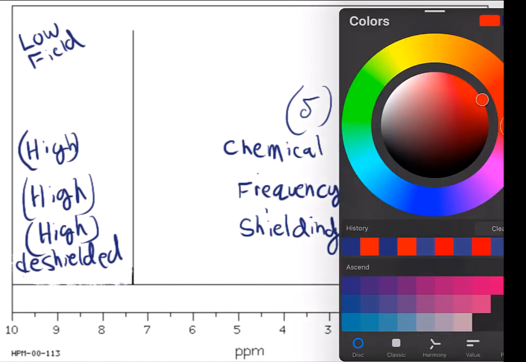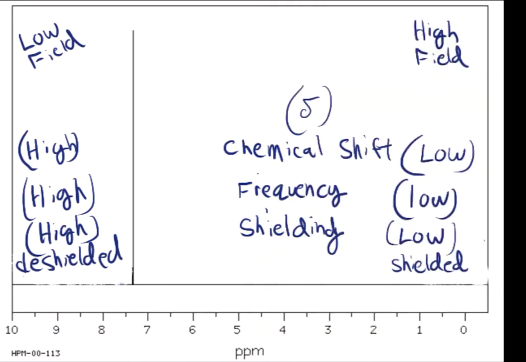That old instrument that I described that you plugged into the wall and generated a magnetic field with an electromagnet was called a continuous wave instrument, as opposed to a Fourier transform instrument, which corresponds to that nice brochure photo that I showed you with the technician not wearing safety glasses in front of it.